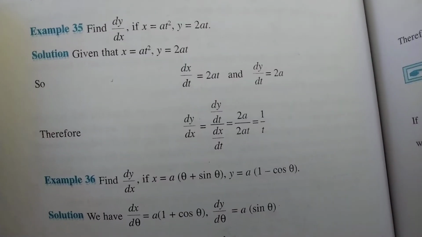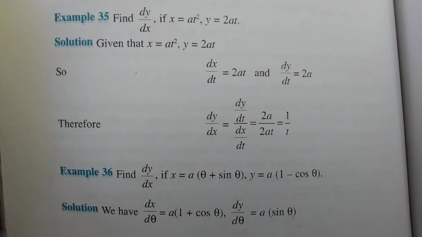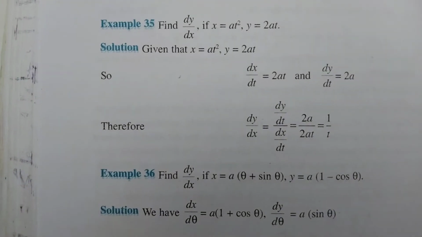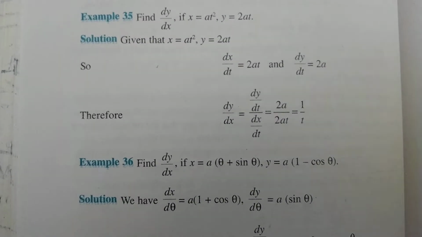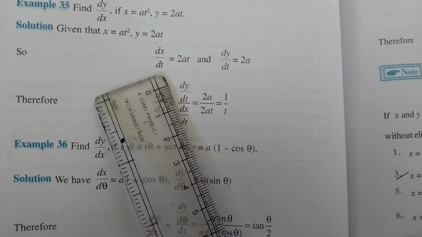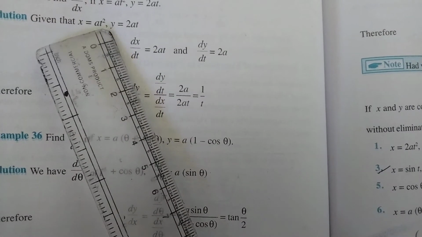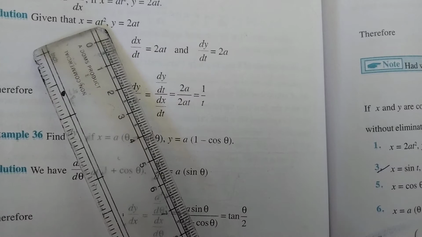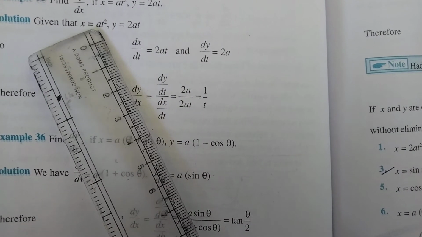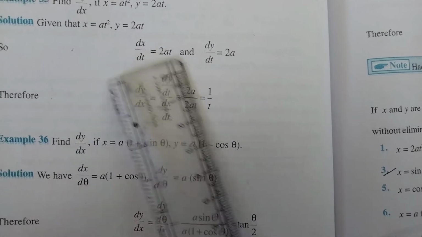Find dy by dx if x equal to at square and y equal to 2at. Again differentiate x with respect to t. So dx by dt equal to a, keep it as it is because a is constant.